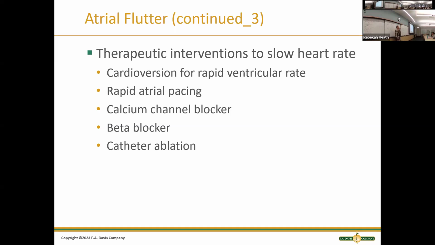They've established these abnormal patterns, and so they can go in and essentially burn away some of those pathways, and then the heart can establish new normal pathways. Not everybody's a candidate for that, but sometimes you can have a cardiac ablation where they try to stop the heart from going in those abnormal pathways.